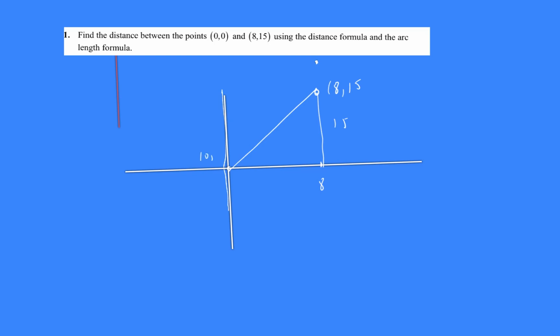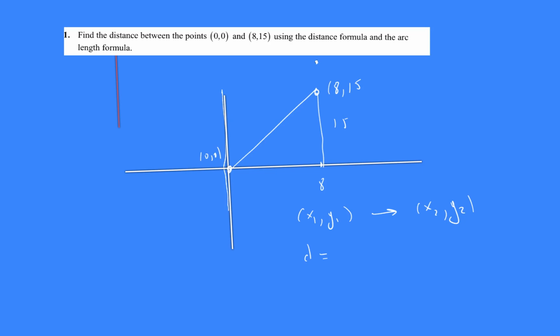The length that joins the point x1, y1 and x2, y2, the minimum length, the distance between 2 points, the formula for the distance is the Pythagorean theorem.